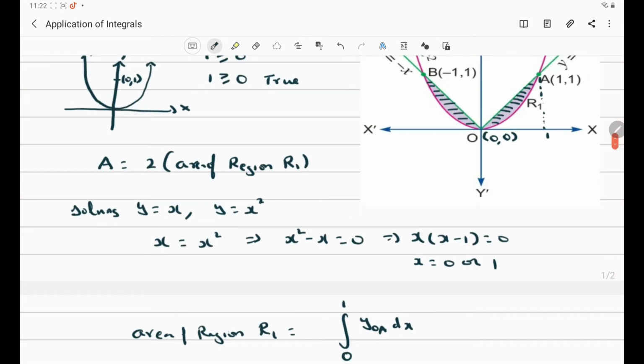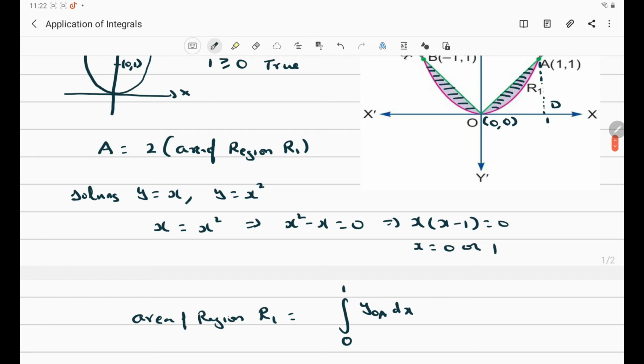So which gives us the area of the triangle OA, let us call this say D. So we get the area of the triangle OAD by integrating from 0 to 1 y OA dx.